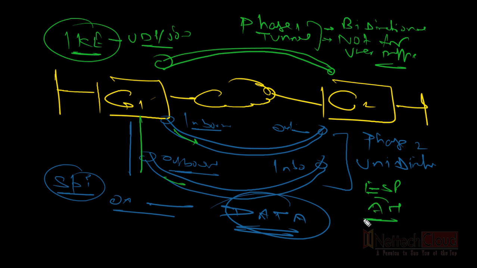We do have another option here, that is AH, but AH is never used in IPSec tunnel because AH doesn't provide encryption. So AH I've seen used in IP version 6 protocol authentication, maybe somewhere else, but generally in IPSec site-to-site VPN, AH is not used, right? ESP protocol is used. So basically IKE is the main protocol that is used to build both the tunnels.